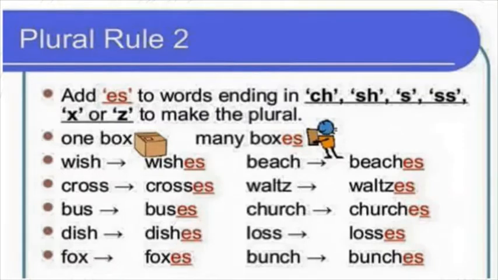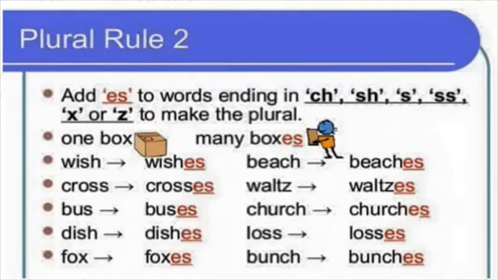Look at the first example. There is a picture of a box. So, we can tell it one box. Now, we want to form it into plural form. So, that word box and the last letter is x, so we can add es to pluralize it.